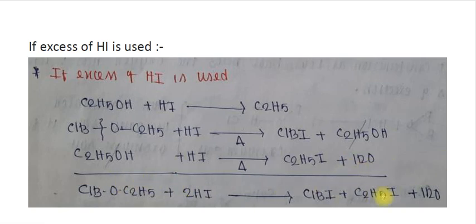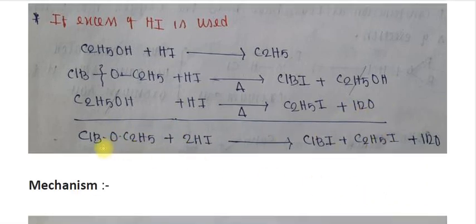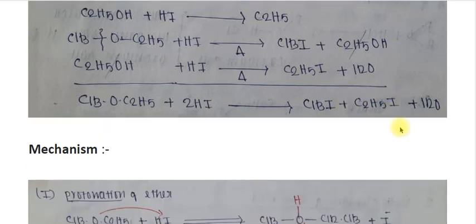If you take the overall reaction, what will be the product? CH3OC2H5 plus 2HI gives CH3I plus C2H5I plus H2O.